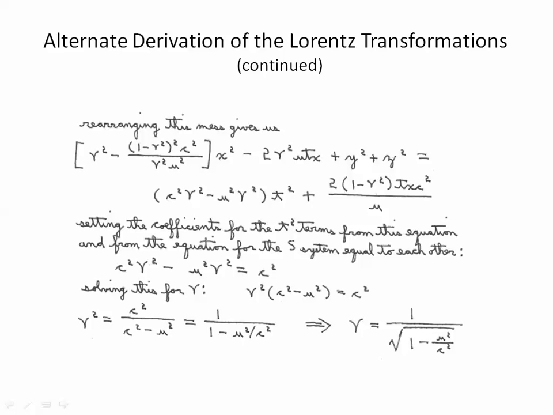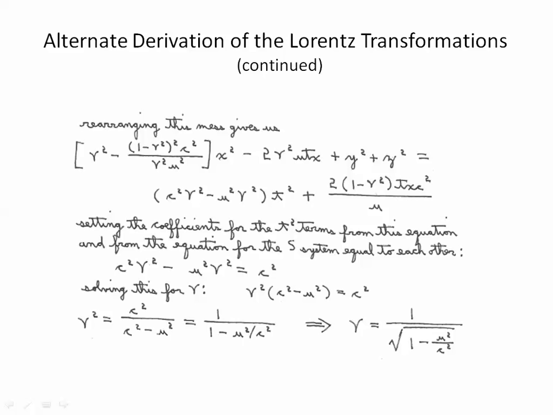This equation must therefore represent the identical event for the point on the sphere as viewed from reference frame S. This equation, by definition, has no prime terms in it either. This equation is x squared plus y squared plus z squared equals c squared t squared. We can set the coefficients for t squared terms equal to each other.